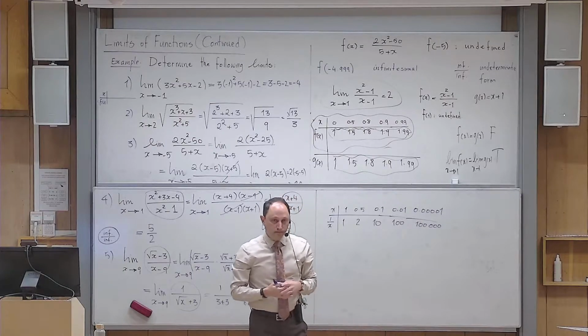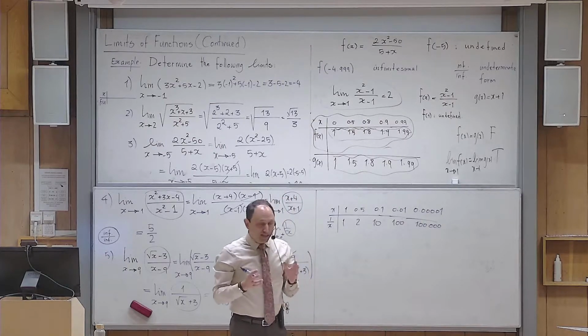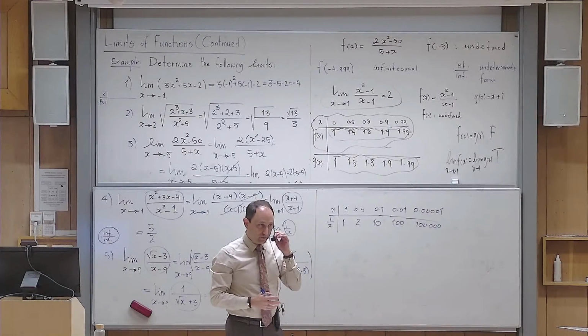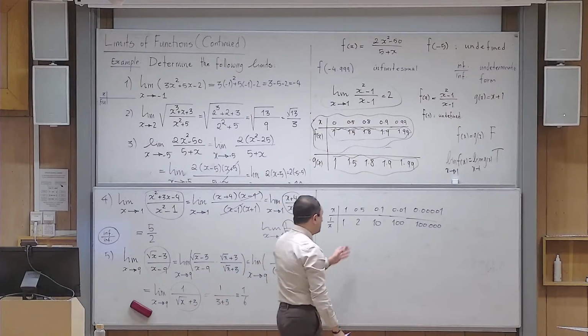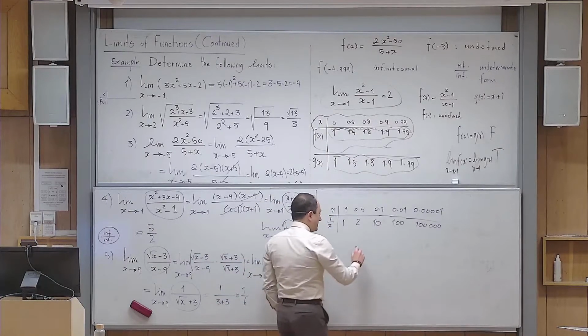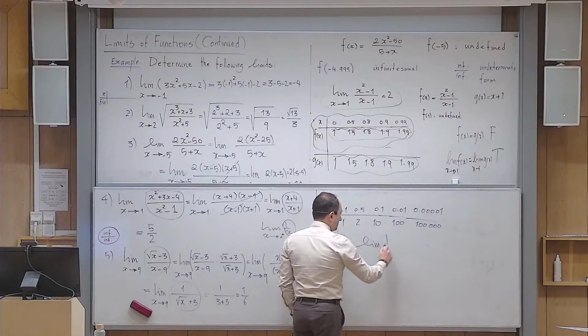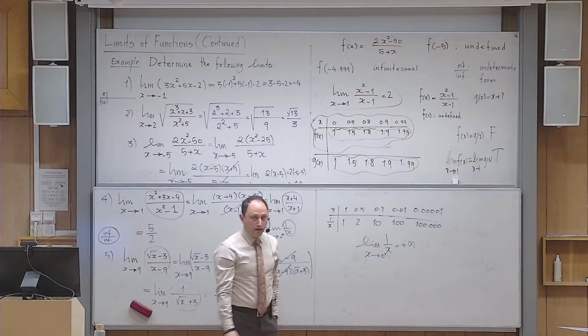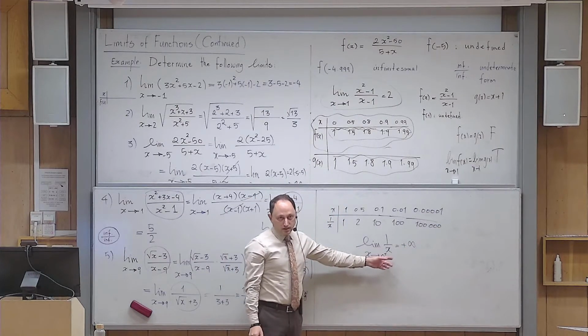Yes? Like what limit was infinite? No, the limit still does not exist. But we can say this is the way that we say it. We say this is plus infinity. It doesn't mean the limit exists.